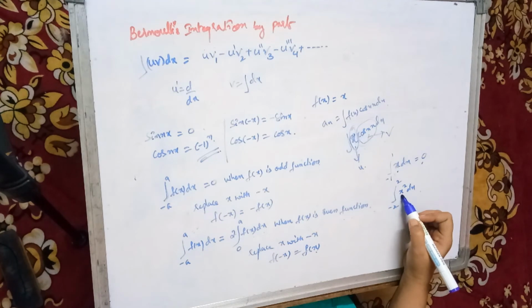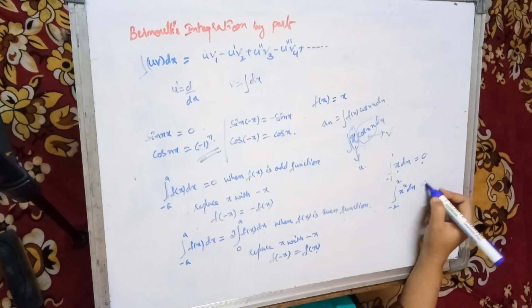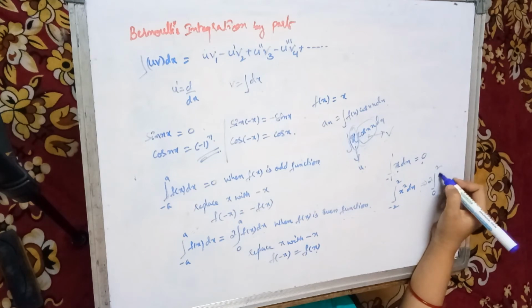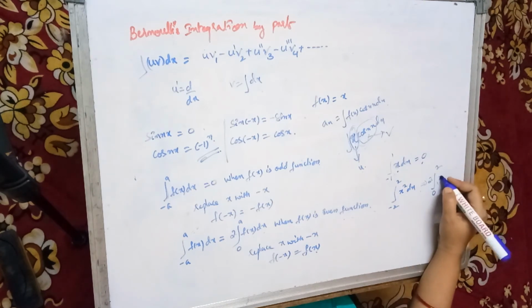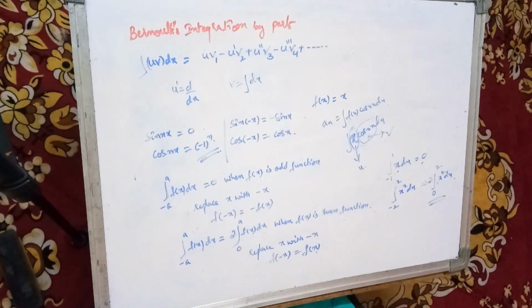When you replace x with minus x, again it comes as the same x square. So directly you can change this integral into 2 into the integral from 0 to 2 of x square into dx. Is that clear?